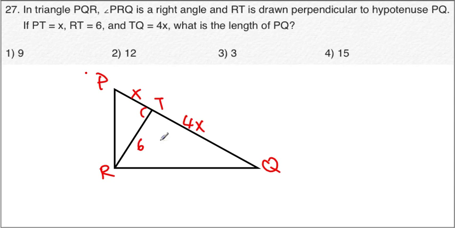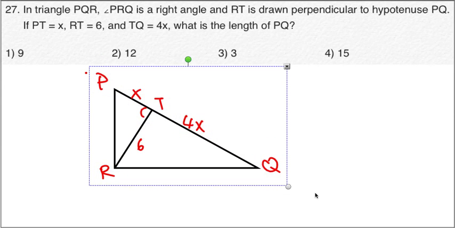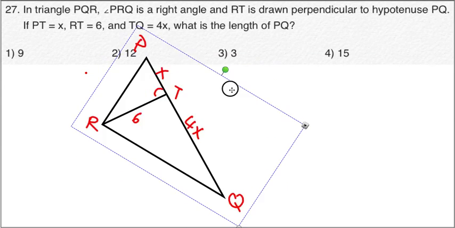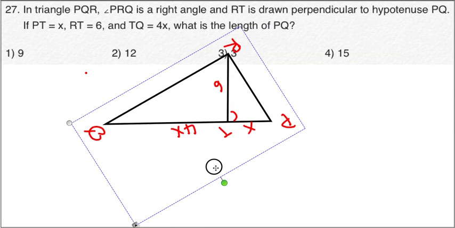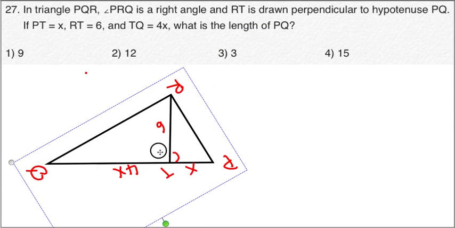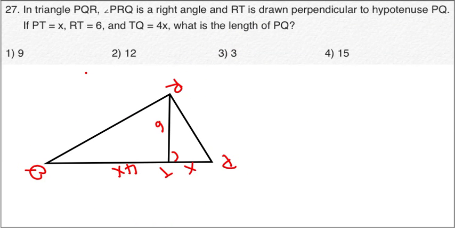Now the relationship is this in this case. If I were to bring this one over in this way, then you will realize that this line segment times itself has to be equal to left side times the right side. It looks almost like a smiley face.